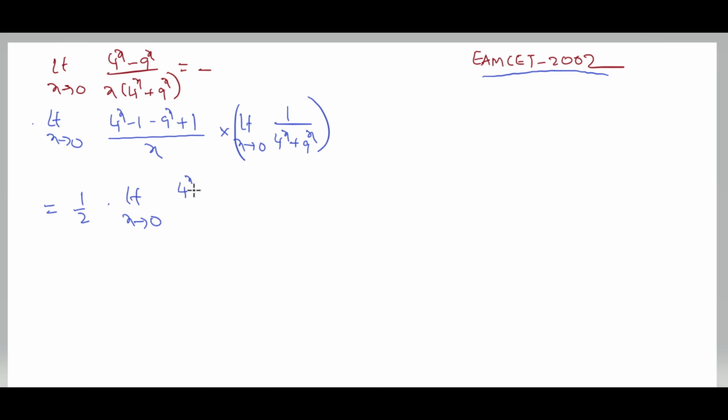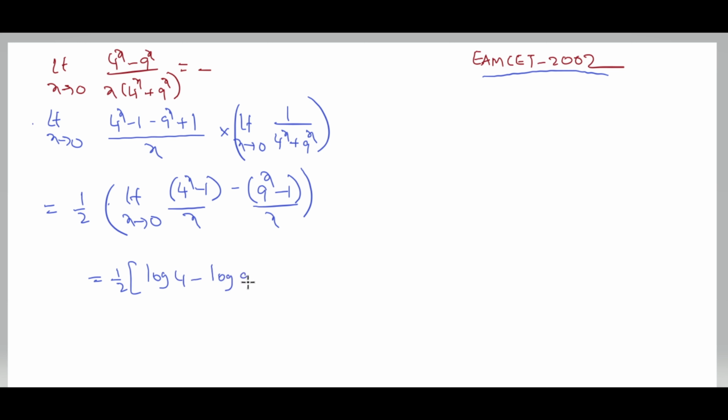this value is 4^x − 1, taking minus common, 9^x − 1, so this is over x and over x. That is equal to limit x tends to 0, (4^x − 1)/x, that value is log 4, minus (9^x − 1)/x, that value is log 9.